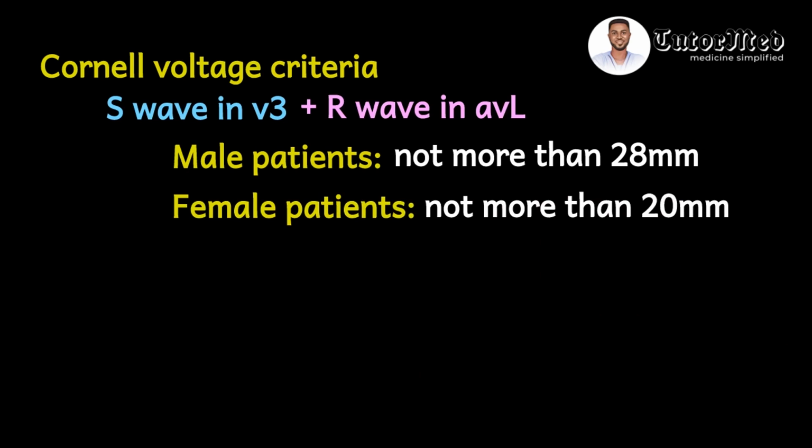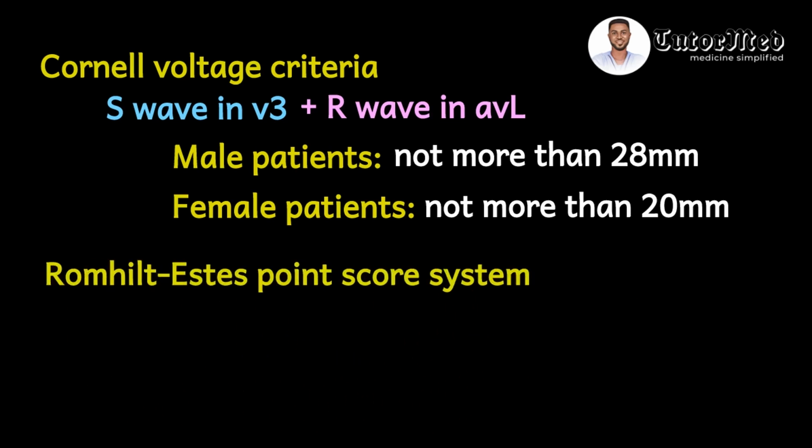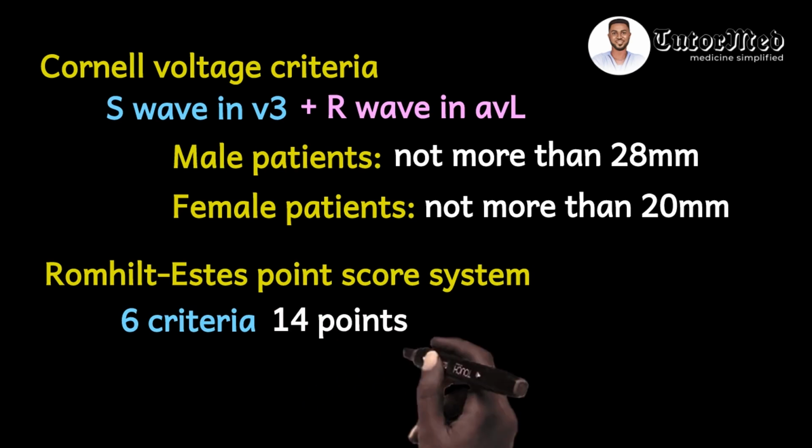left ventricular hypertrophy. Then the last criteria I want to talk briefly about is the Romhild-Estes point score system. Now, this is a score system which is made up of 6 criteria, each with allocated points. And the maximum score is 14 points.